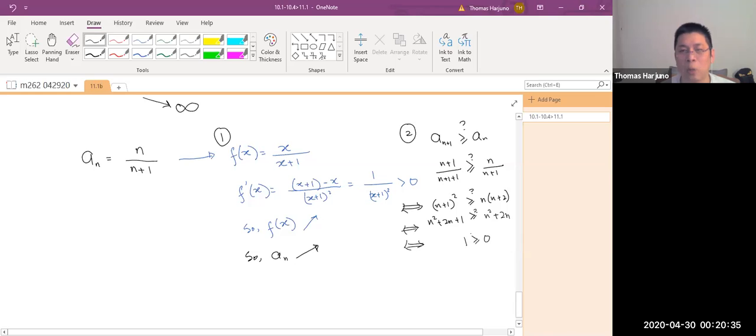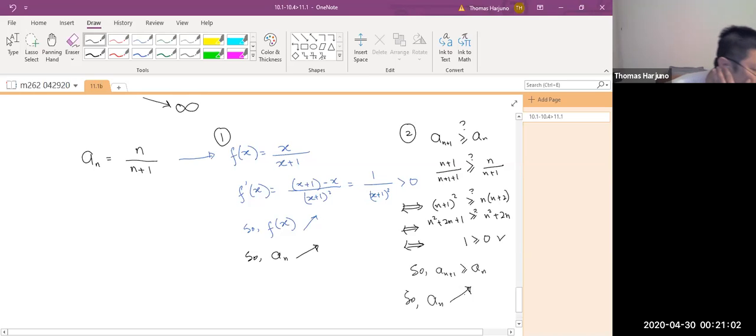But the thing is, 1 indeed is greater than 0. Okay, therefore, the original statement, so a sub n plus 1 indeed is greater than the previous term. So the sequence is increasing.